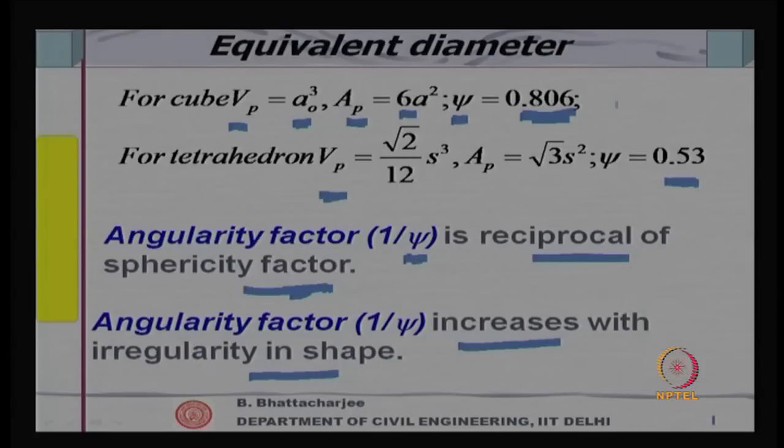This is highly angular, this is highly angular, this is still angular. So, as the angularity increases, xi reduces, therefore 1 by xi will increase. For a sphere, this value is 1; for an angular shape, the angularity factor is more than 1.